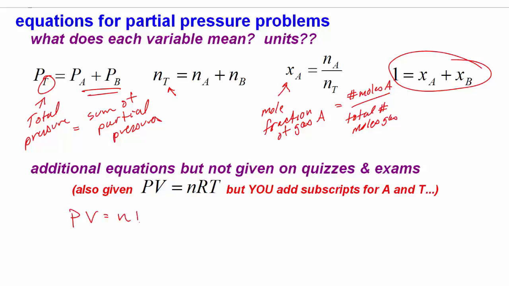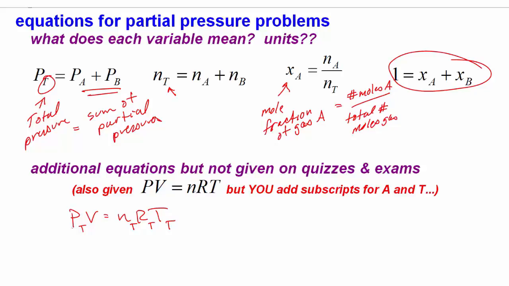Let's see if we can be comfortable with the ideal gas law and just putting subscripts on it. For example, total pressure, just put total on all the subscripts. It doesn't make sense to put a subscript on some of these things. For example, V: all the gases are in the same container, so they all have the same volume.